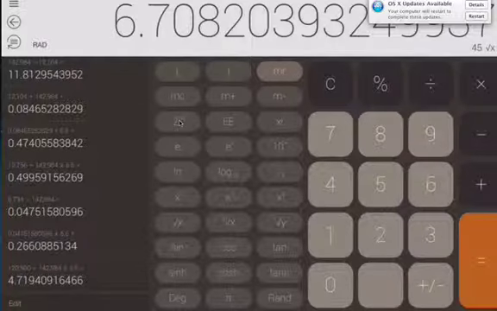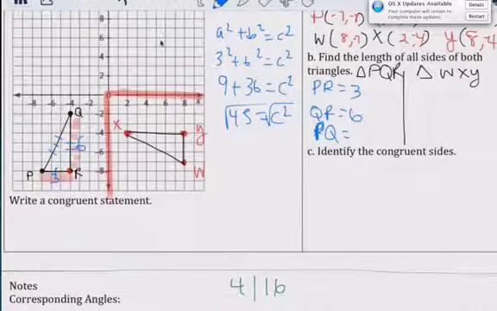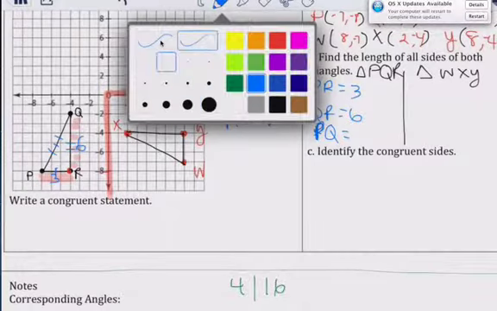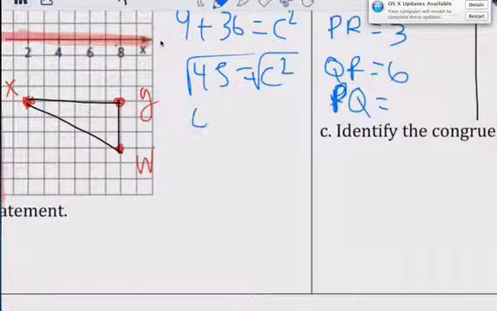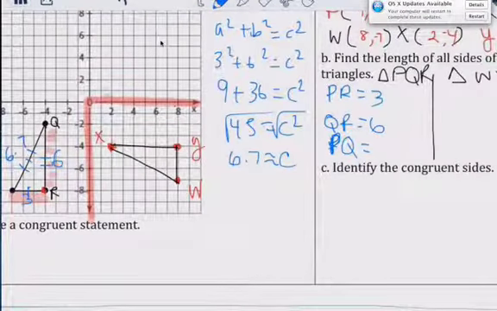Got 6.70. The 0 keeps the 7 the same. So 6.7 is about C. So PQ is 6.7. Now all these are the same. Notice this is 3. That's the 1 tally. This is the same as the 6. That's the 2 tally. And the other one is 6.7.